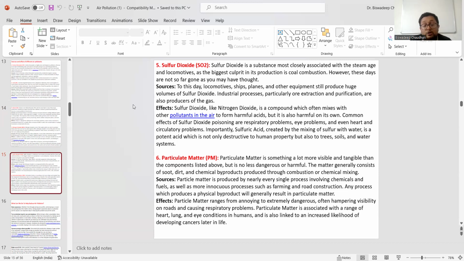It also damages the heart, lungs, and eyes, and increases the likelihood of developing cancer in a later stage. If you are exposed to a huge amount of particulate matter, chances are you may develop some cancer cells in your body, which is again very dangerous to survive. So we should avoid producing particulate matter.